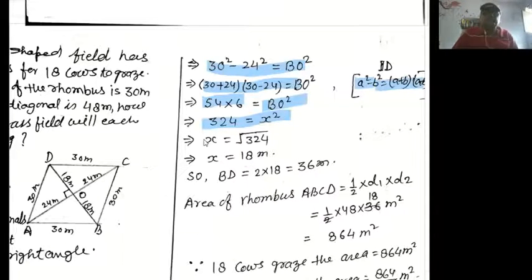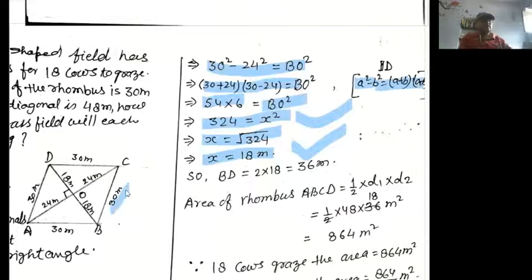equal to 324 equal to x square or x equal to root 324 equal to 18 meter.